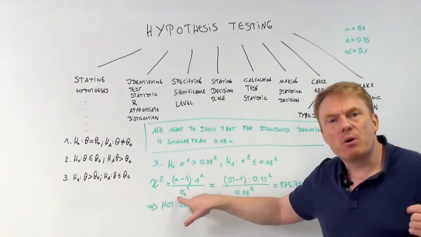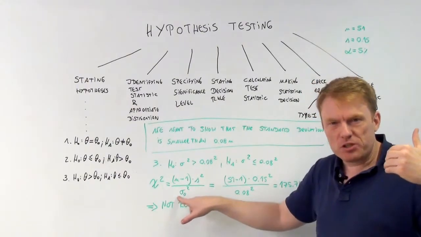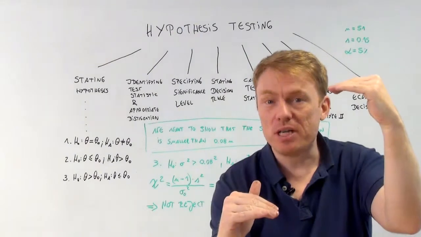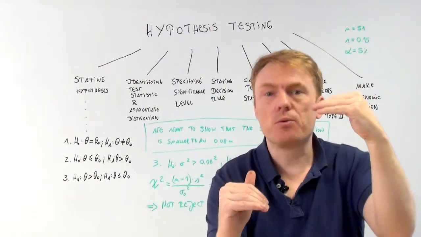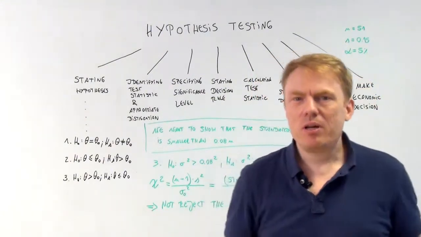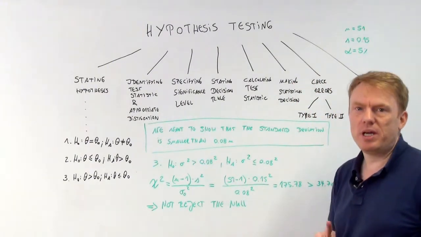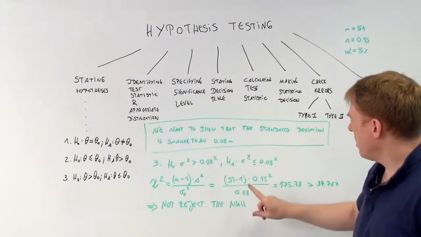The Greek letters always indicate the real value, the population value. So the Greek letters are somewhat superior to the Latin letters in statistics. In statistics, the Greek letters indicate the real value, the population value, but the Latin letter indicates the sample value only.